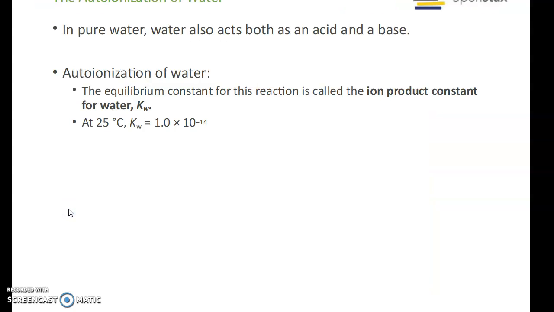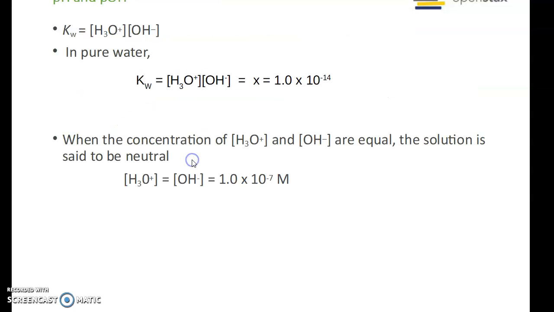So in pure water, water acts as both an acid and a base. And this right here gives you the concept of Kw, the equilibrium constant of water. So Kw equals 1.0 times 10 to the minus 14th, okay? That means that the concentration of the hydrogen ion and the hydroxide ion is each going to be half of that exponent. It's going to be 10 to the minus 7th, right? And that's an important thing to remember.